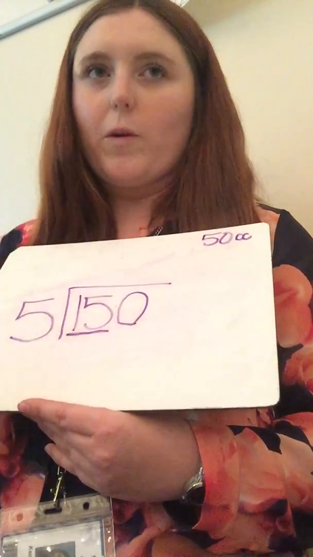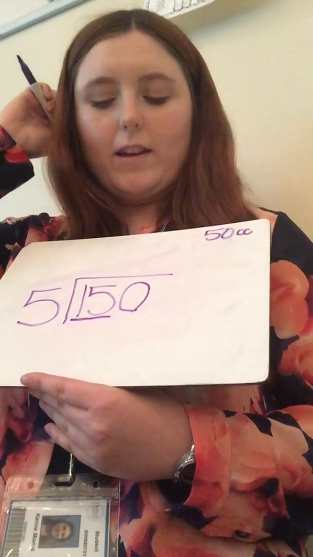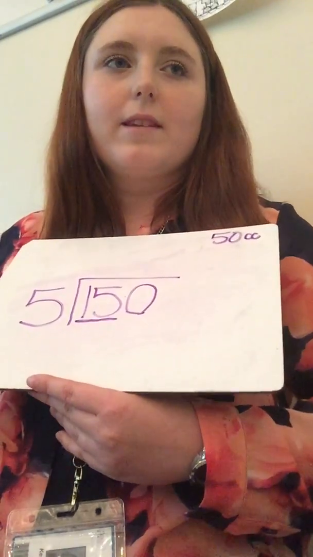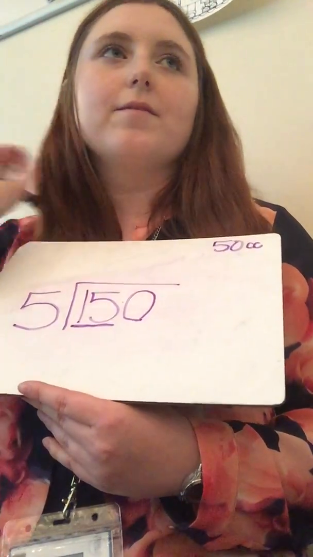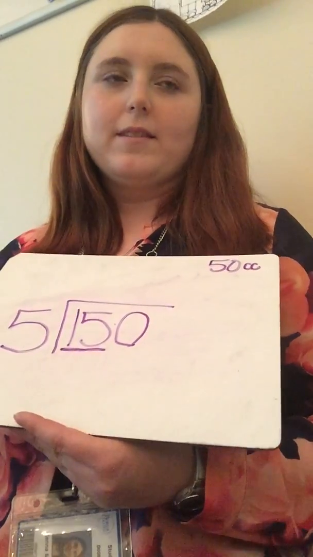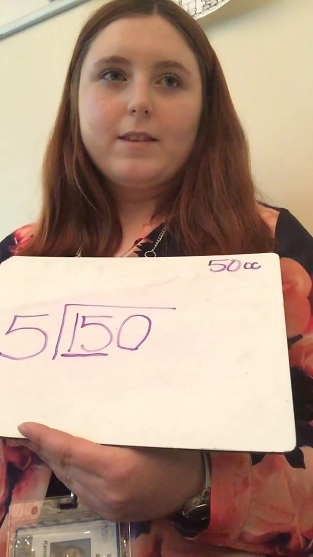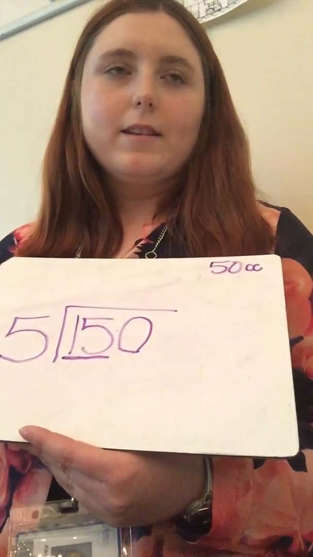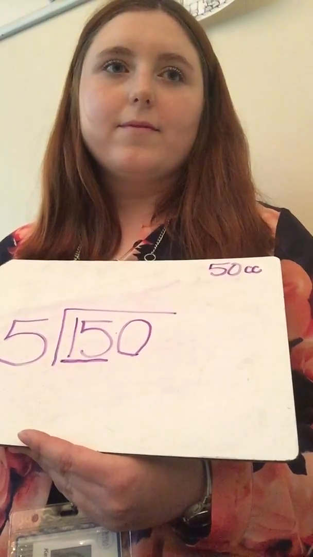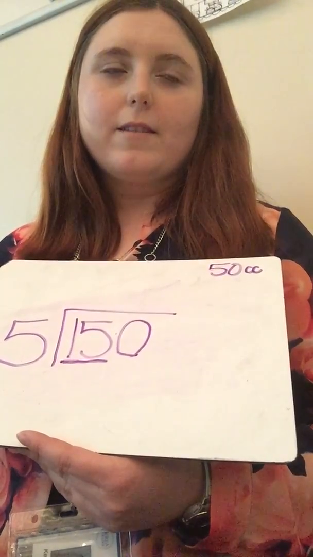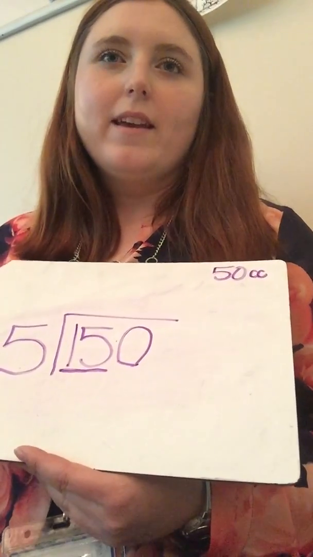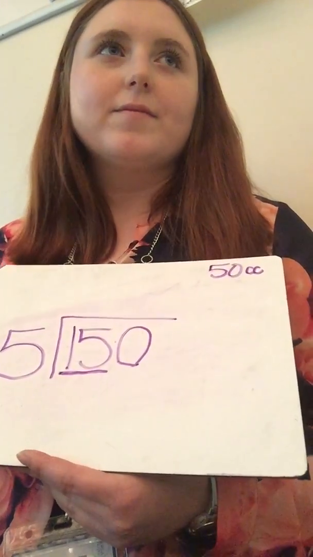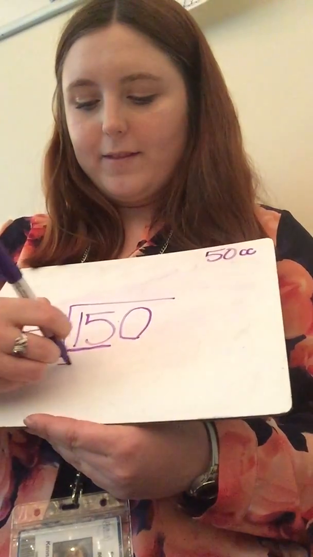So who can tell me what our answer is going to be? Savannah, what is 15 divided by 5? Well, look at your sticky note I gave you. 5 times what is 15? 3.